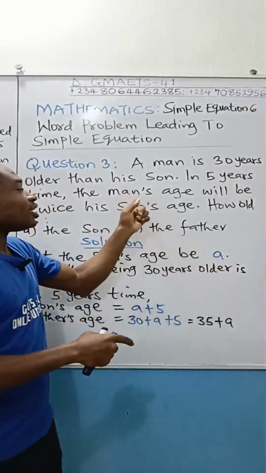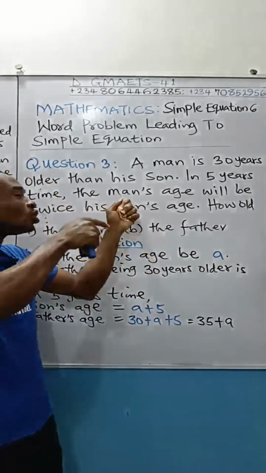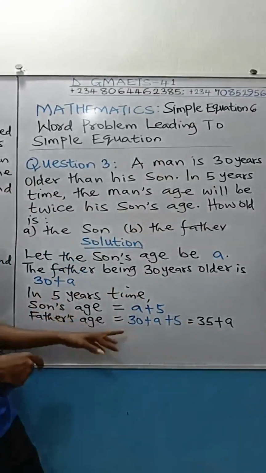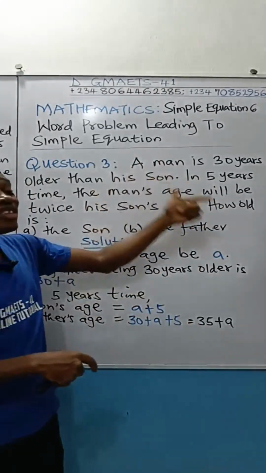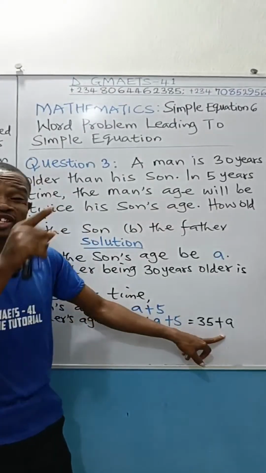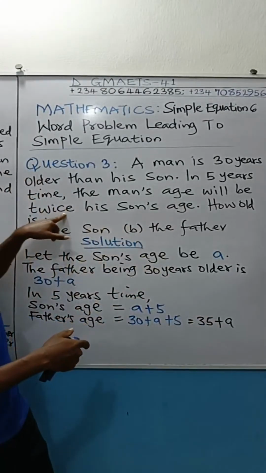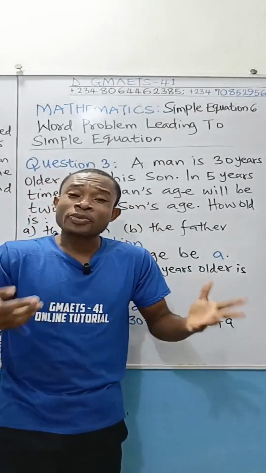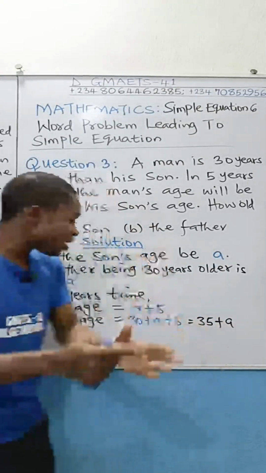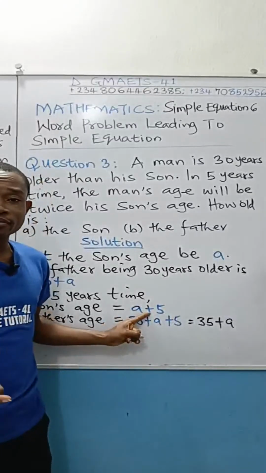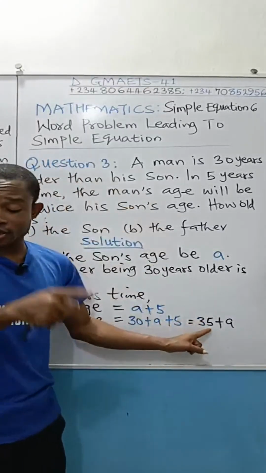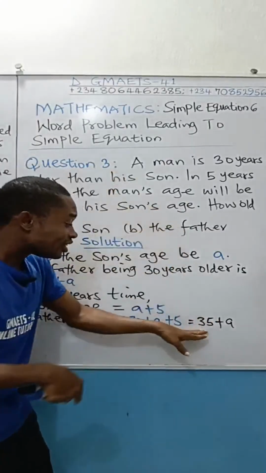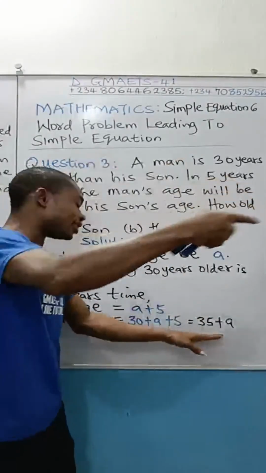And the examiner, in the question here, you are told that in that 5 years' time, when the father is 35 plus A and the son is A plus 5, this age, 35 plus A, will be twice his son's age. So how do you interpret it? In 5 years' time, the son is A plus 5. In that 5 years' time, the father is 35 plus A. And the question said that in that 5 years' time, the father's age will be twice the son's age.